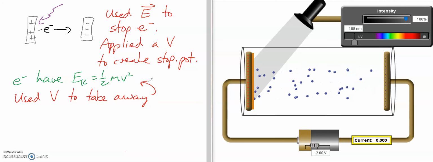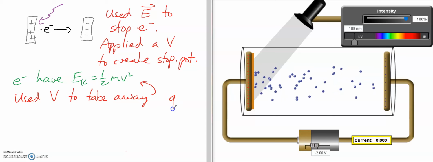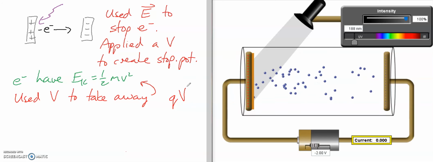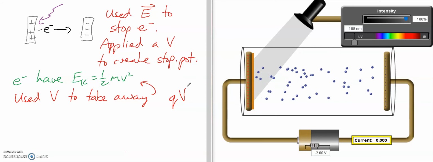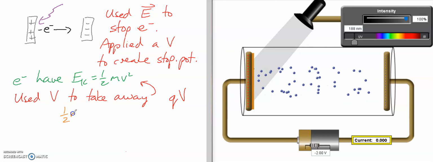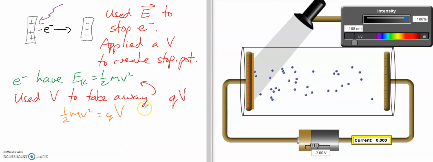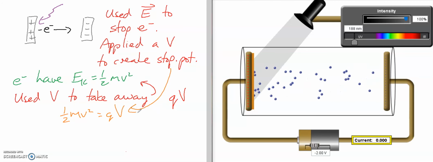And that told you something. And of course, if you remember, energy for a charge in between plates is equal to QV. So he would apply the voltage in order to stop the electrons. And since they're perfectly balanced, he knew that 1/2 mv squared was equal to QV, and that is the stopping potential right there, that voltage right there.